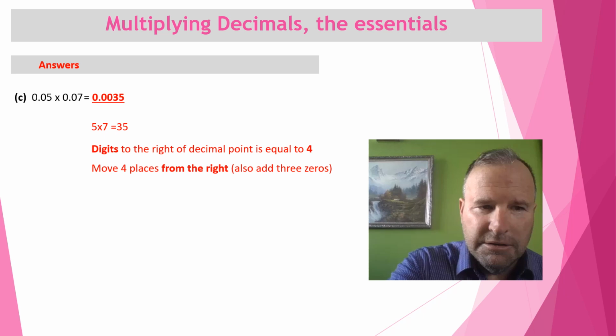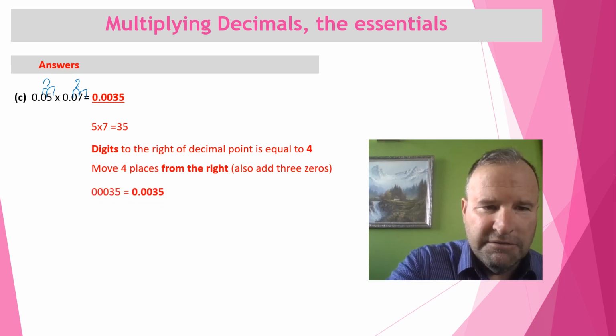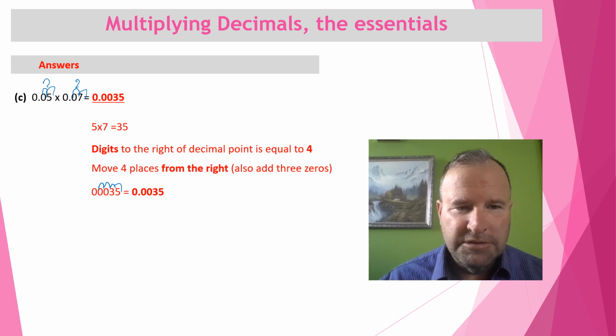You can see here 1, 2 again, 1, 2 again, and then we put the number down, and then we count from that number. We put the zeros in, 3 in this case. 1, 2, 3, 4, and you get 0.0035. Well done.